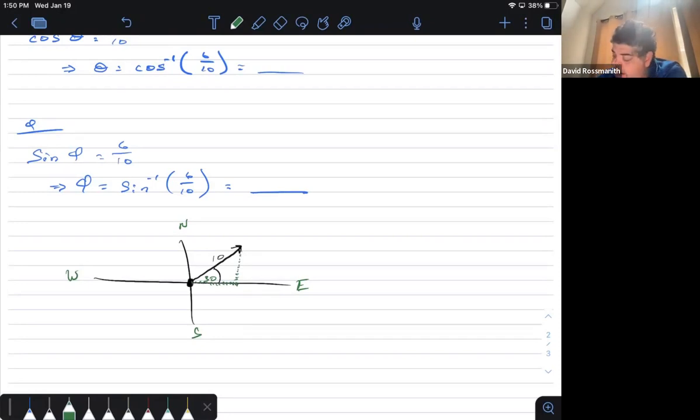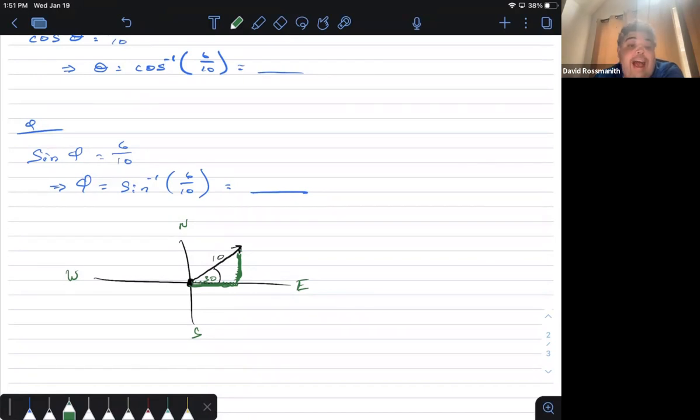Okay, so maybe there are paths in the woods at this campsite, and the paths lie due east and due north. But the person went through the woods at a diagonal as a shortcut. So they want to meet up. So the question is, this green guy, how far should that person walk in the X direction or the east direction, and then in the north direction to get to the same place?